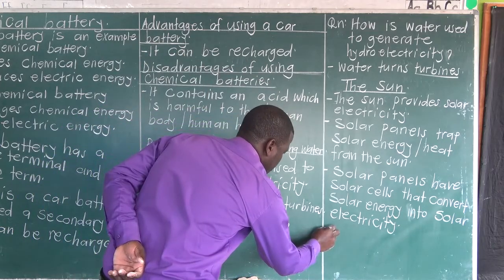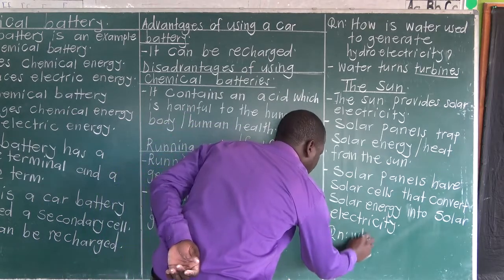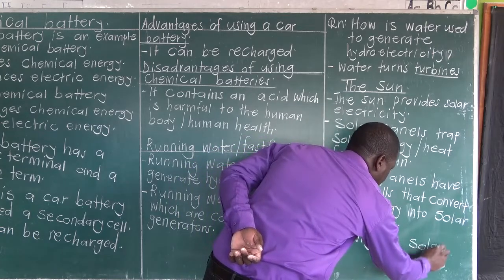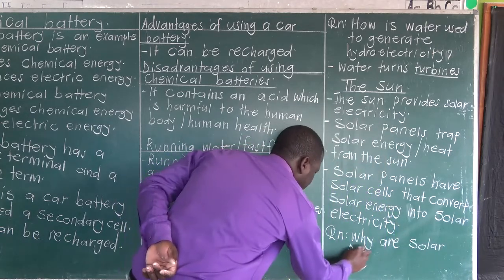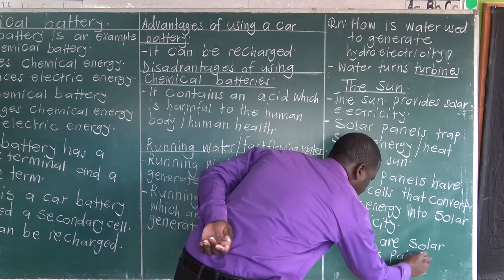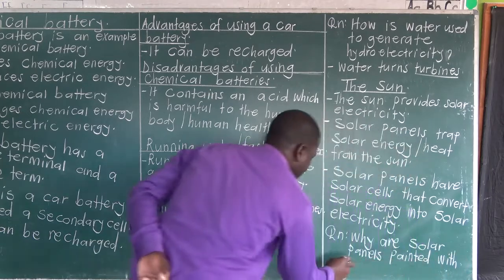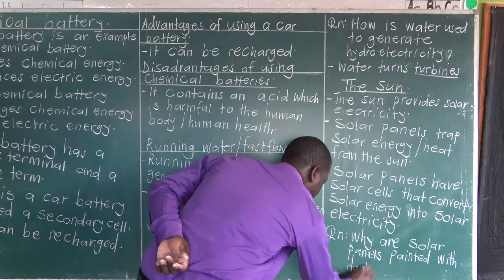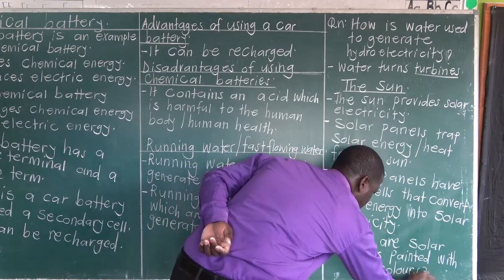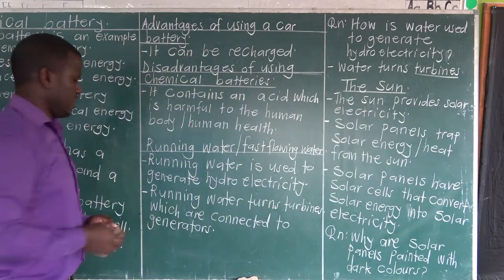So I want to write a question. Why are solar panels painted with dark colors?